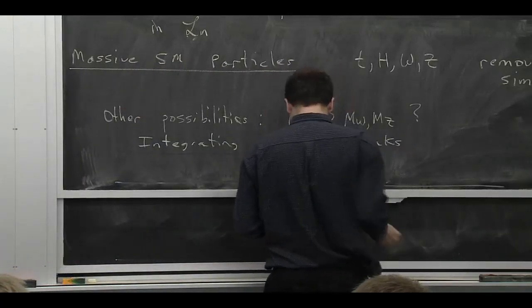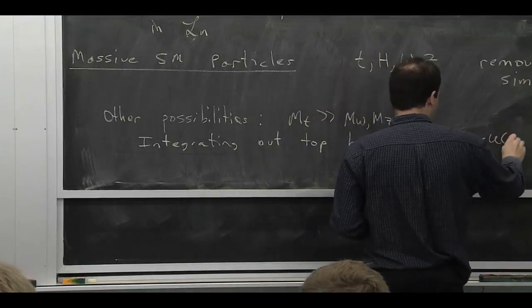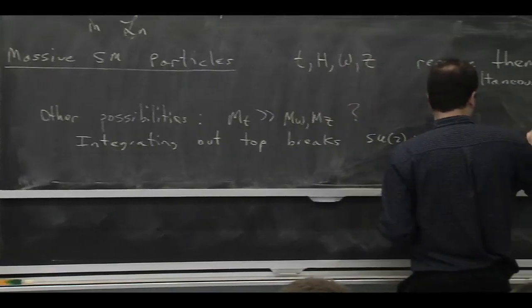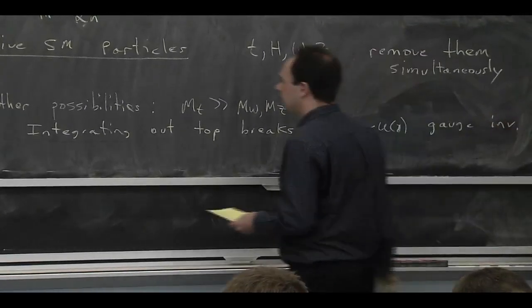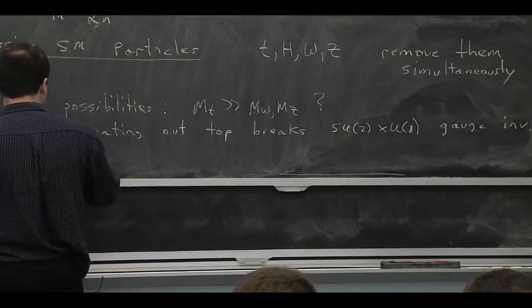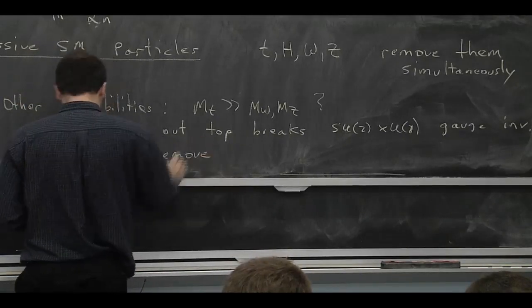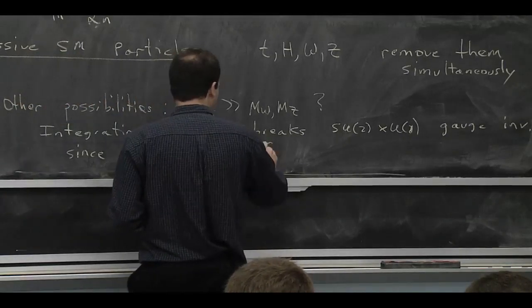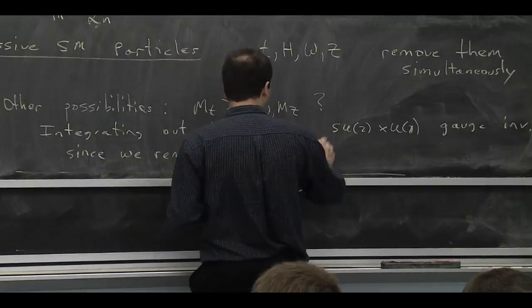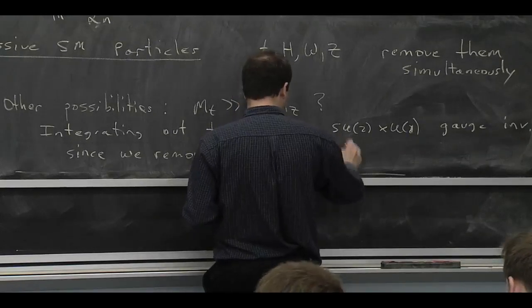Well, one complication of removing the top quark is that it breaks SU(2) cross U(1) gauge invariance, because the top quark was in a doublet with the b, and you're trying to keep the b and remove the top, which doesn't sound good. You're trying to keep the gauge particles, the W and the Z, in your theory, so you should still have that gauge symmetry, even if it's spontaneously broken.